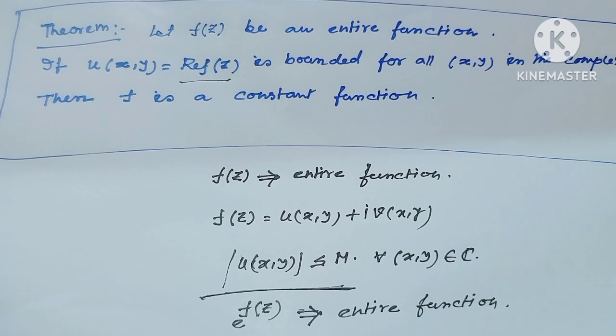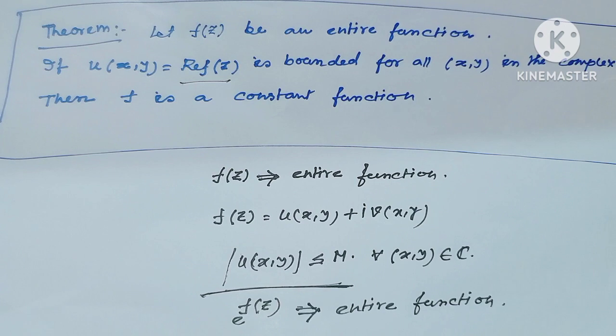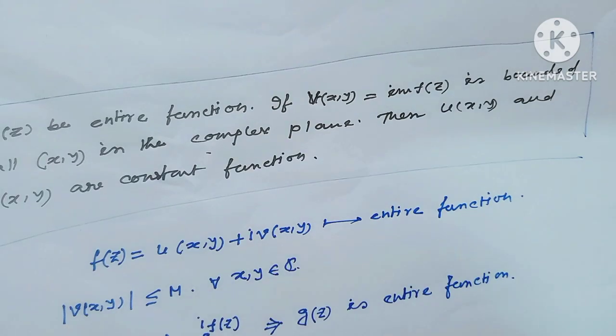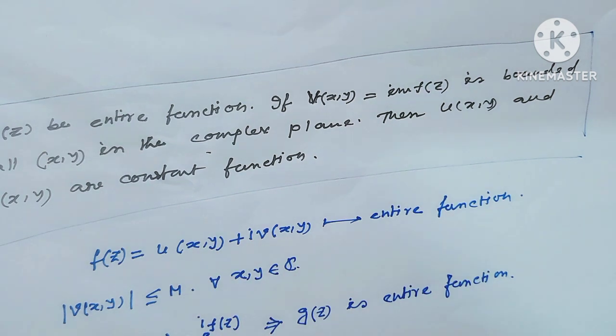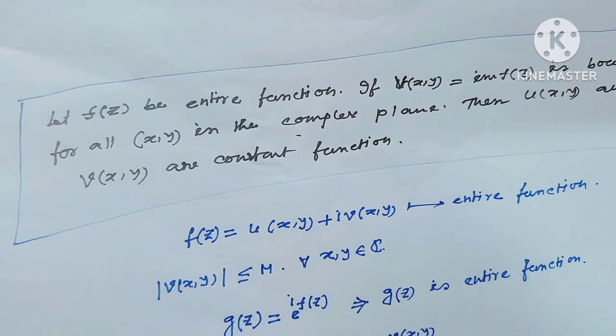Similarly, if given v(x,y) is bounded in the complex plane, then similarly f is also a constant function. If f(z) is an entire function, and v(x,y), the imaginary part of f(z), is bounded for all (x,y) in the complex plane, then u(x,y) and v(x,y) are constant functions. Why?